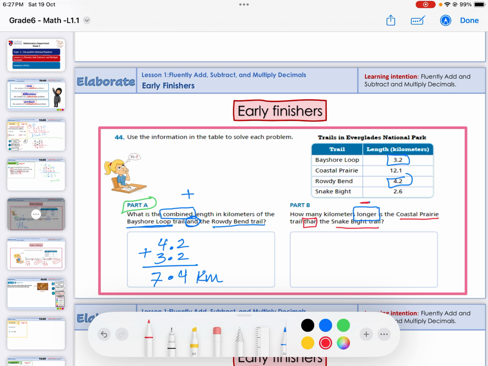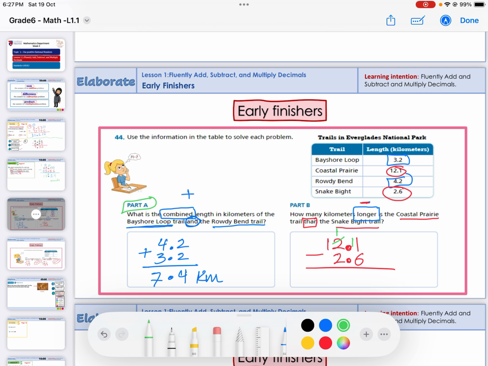Then the Snake Bright Trail. So let's circle the numbers. Coastal, I want coastal, circle it. And I want the snake, we're going to circle it. Line them up. Okay, points under each other. The big number up, that will be 12.1, and the small number, that will be 2.6. Then I'm going to start subtracting. 1 minus 6 cannot happen, so we will go to our next door, borrow 1.